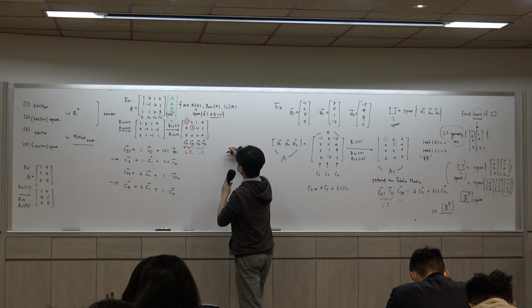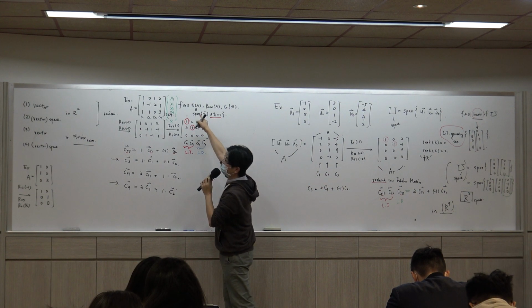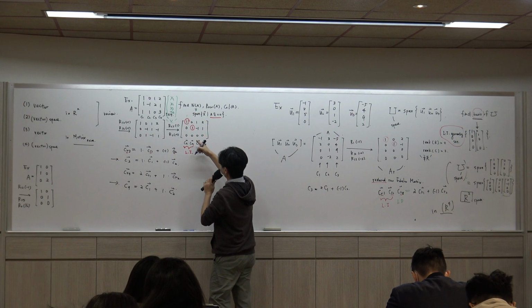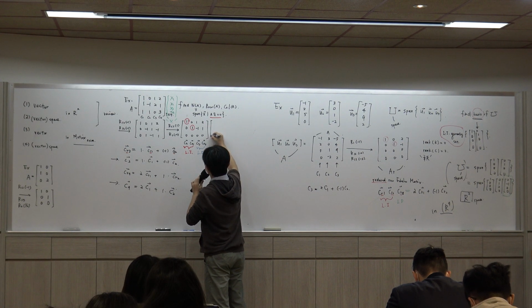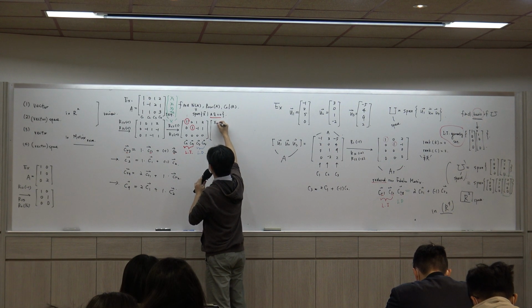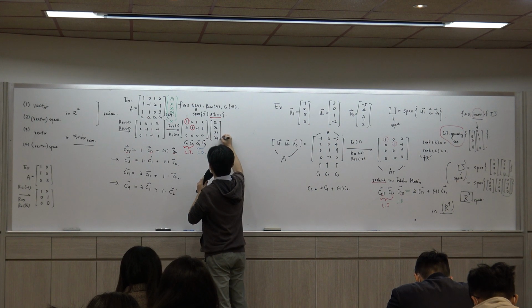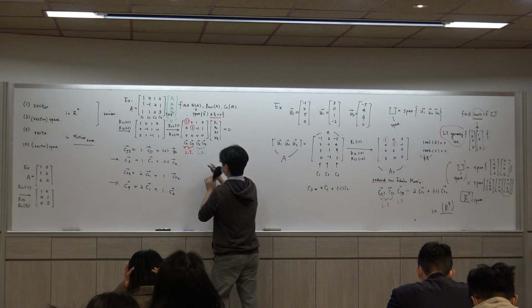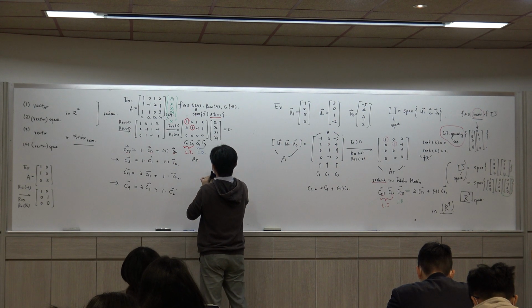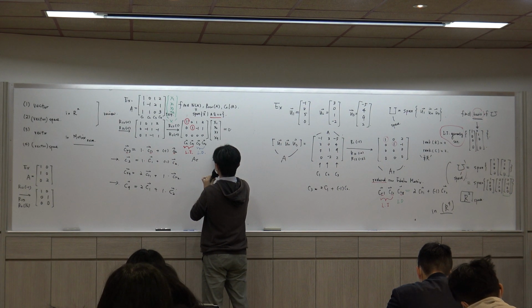And the second thing is that we want to obtain the null space. So here we have a reduced echelon, right? So we can come back and let AR times X equal 0.